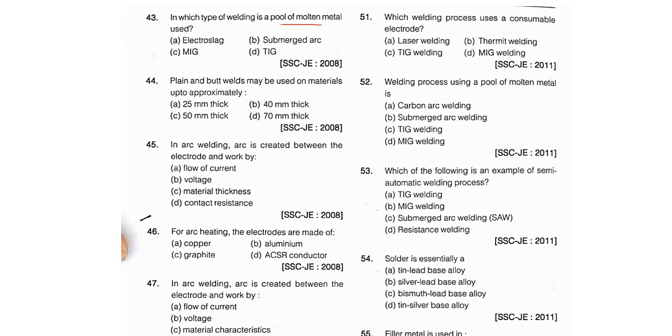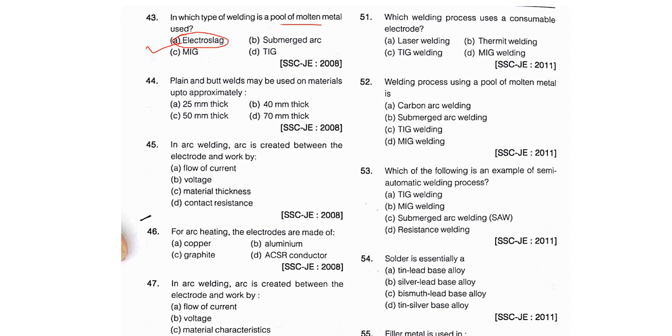Electroslag, submerged arc, MIG, or TIG. So a pool of molten metal is in the case of electroslag. The correct answer will be electroslag welding.